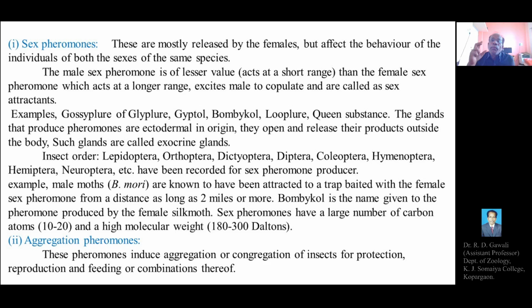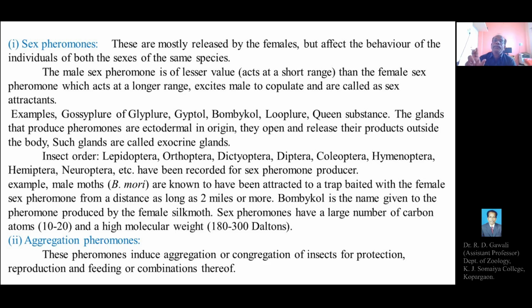So the sex pheromone bombicol, which is secreted by the female silk moth of the genus and species Bombyx mori, can attract the adult male members for mating from a distance of 2 miles or more.